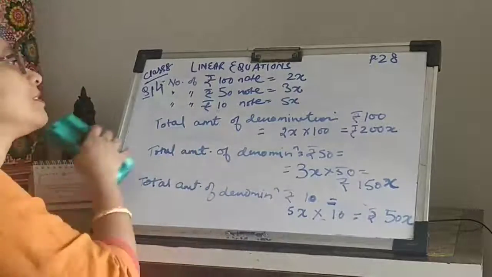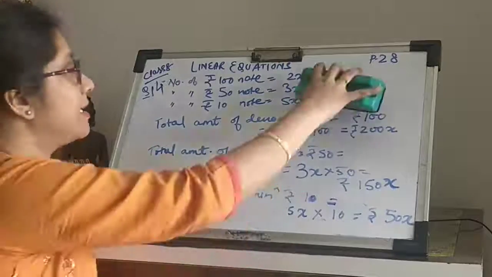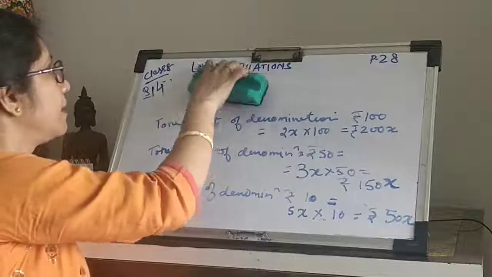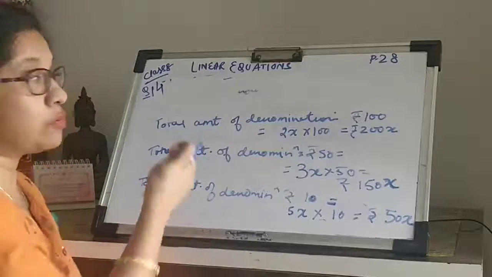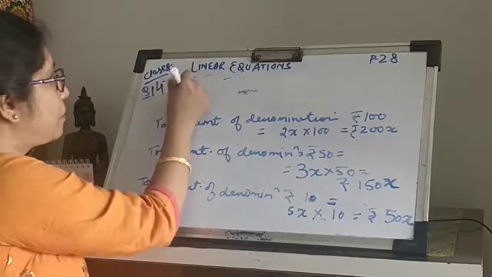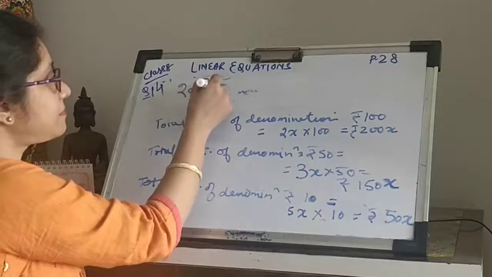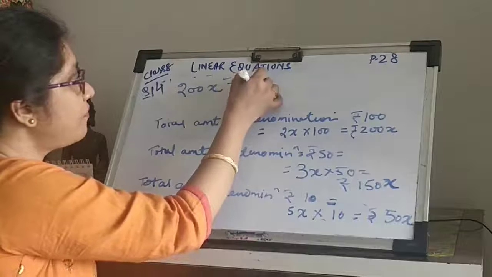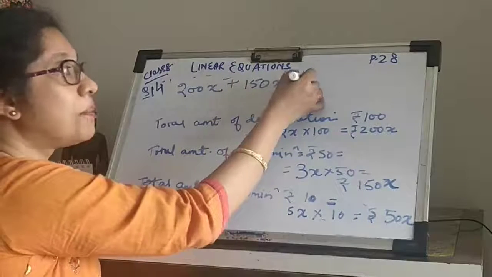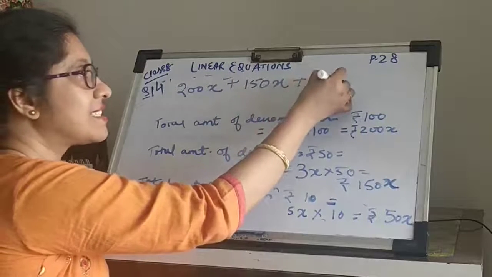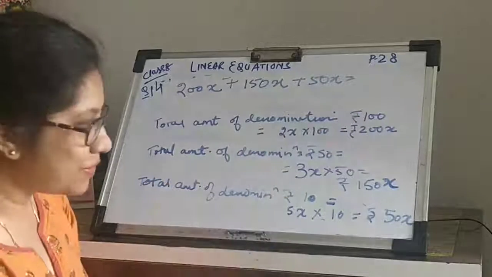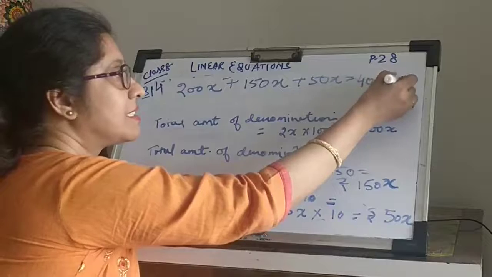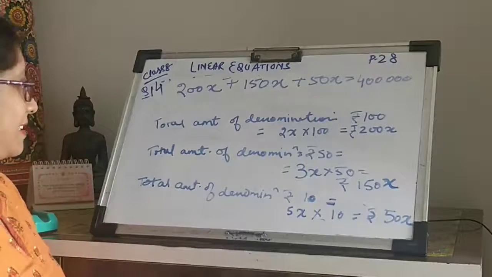So that is my equation, and that's what I'm going to write here. 200x plus 150x plus 50x is equal to 4 lakhs.